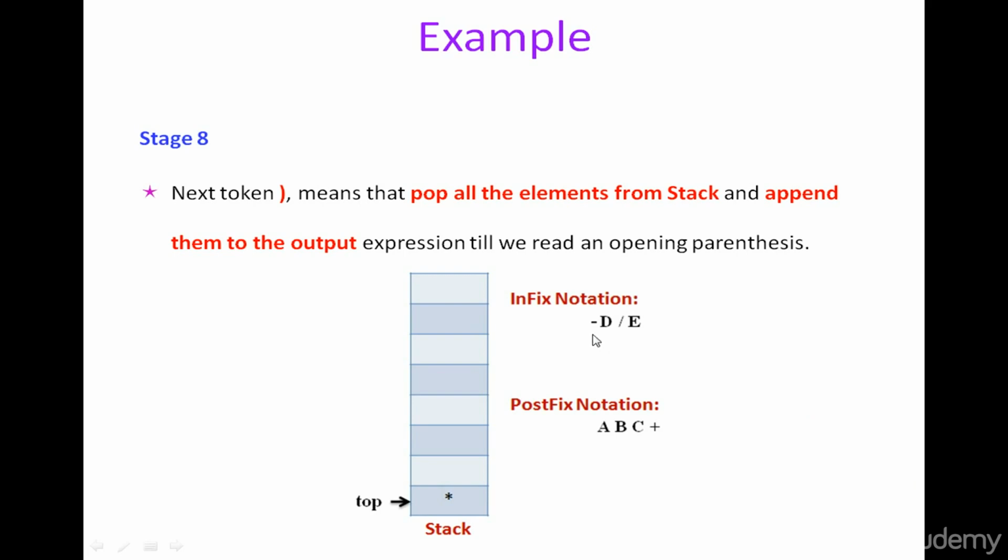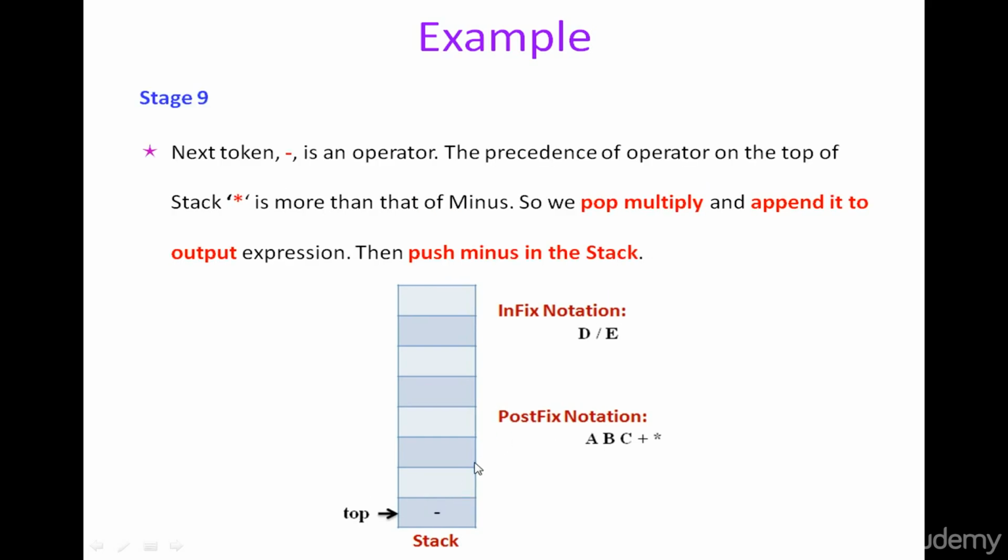So here we need to see whether this operator has higher precedence, or the operator in the stack has higher precedence. As we know, multiplication has higher precedence than the subtraction. So we will first pop out this operator, and then we will push the minus sign into the stack, right? As you can see, we have the minus now here.